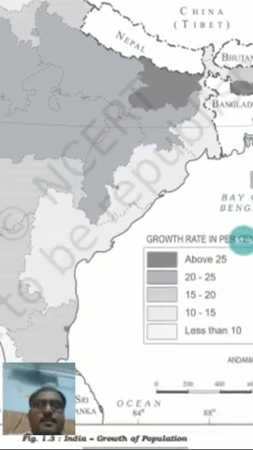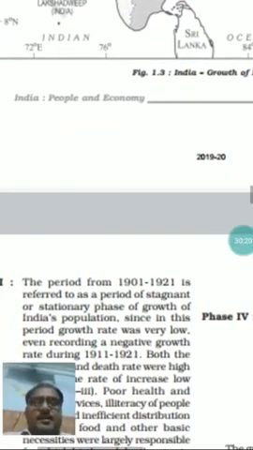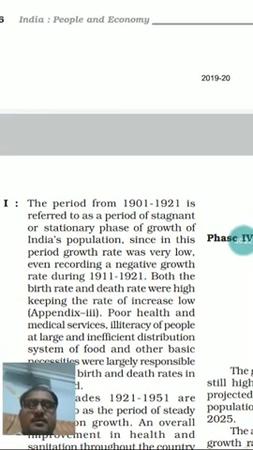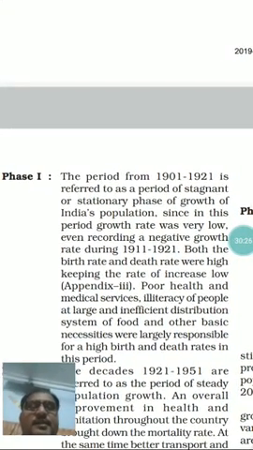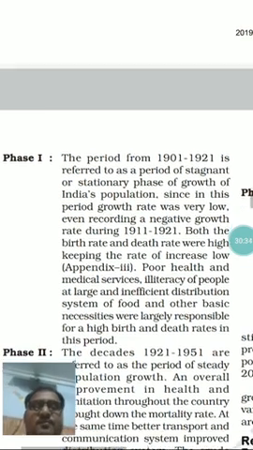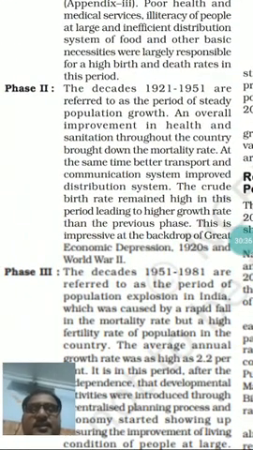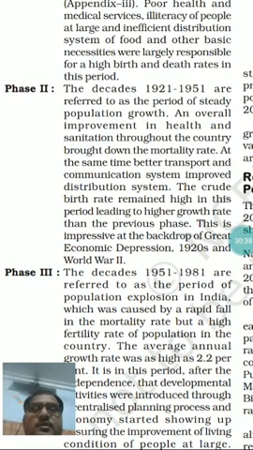Just see it here, the four different phases are: phase 1, the period from 1901 to 1921, which is referred to as a period of stagnant or stationary phase of growth of India's population. Second phase is decade 1921 to 1951, referred to as the period of steady population growth.